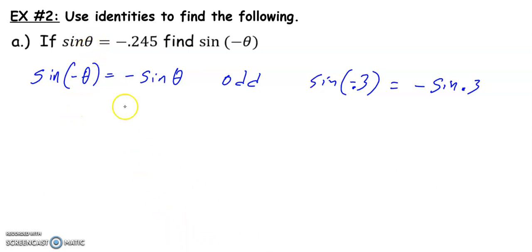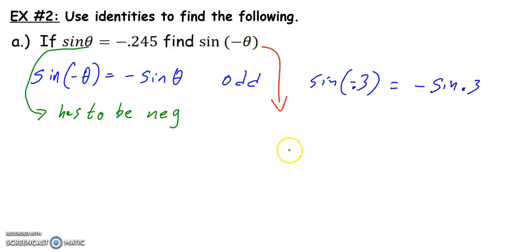To get a negative out, I know theta has to be negative, because to get a negative out, we plug in a negative. Now they want us to find the sine of negative theta. All right, let's come down here and work on this.